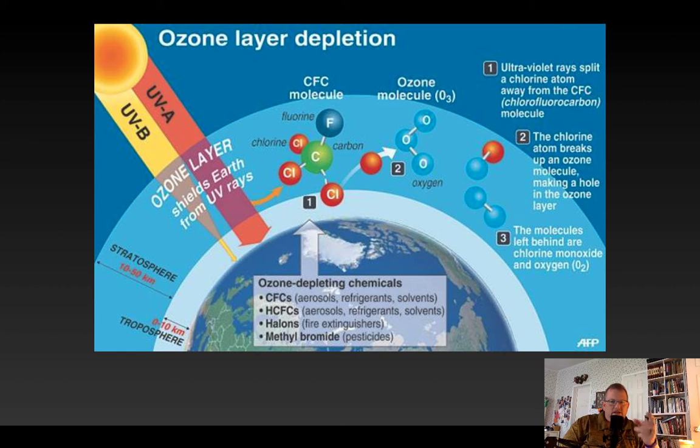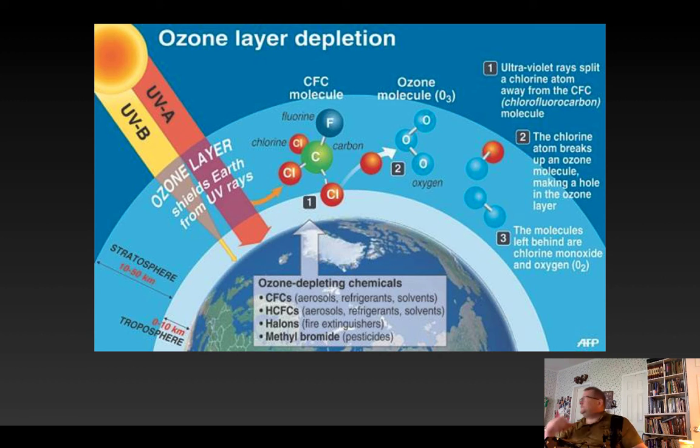That's the chemicals that they put in hairsprays, in refrigerants, when they have to put new refrigerant in your refrigerator or in your air conditioner or your car air conditioner. Things like halons that are in fire extinguishers, methyl bromide, which is a pesticide they put on plants to keep bugs off of it. These things, CFCs, HCFCs, halons, and methyl bromides, all affect the ozone layer.